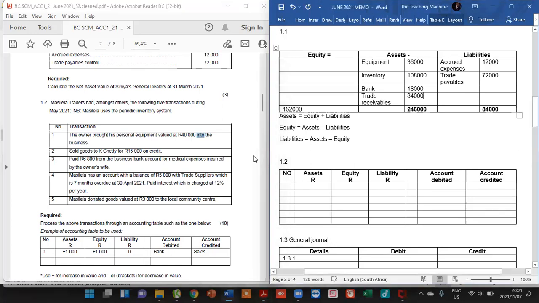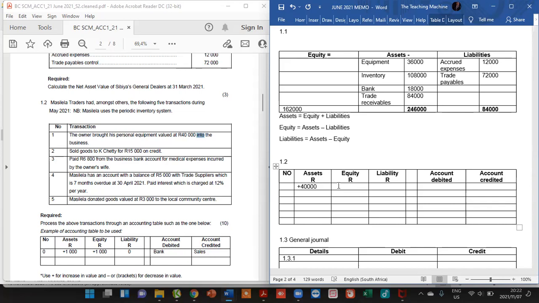So I'm going to say that since there's something into the business, we need to have a positive 40,000 rands. But let's look at this. Who is adding into the business? It's the owner himself.